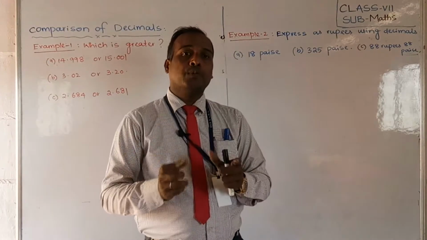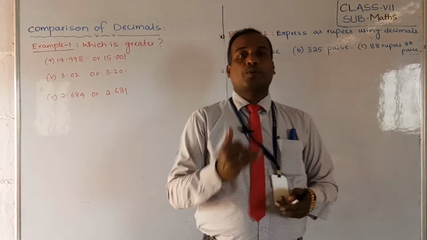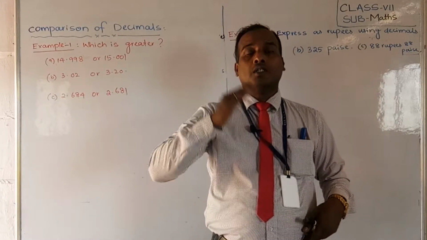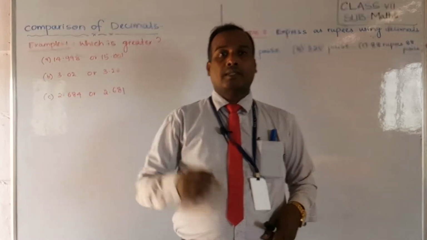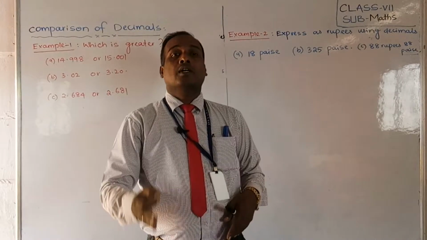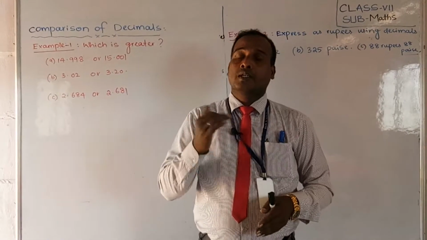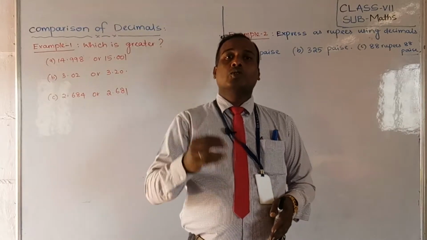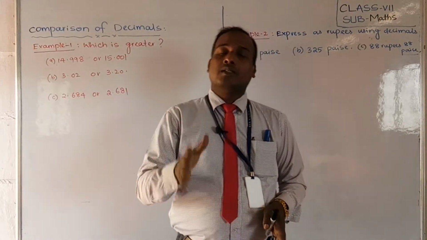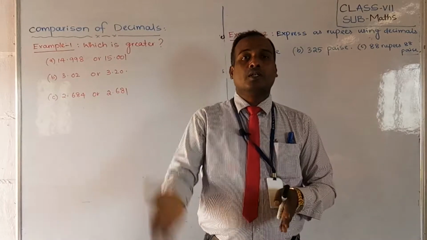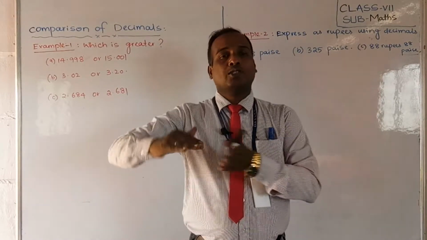If both whole parts are equal, then go for the 10th place. The 10th place means the first place after the decimal point. Whichever has the greater 10th place, that number is greater. If both 10th places are equal, then go for the 100th place, and go forward in the same way.